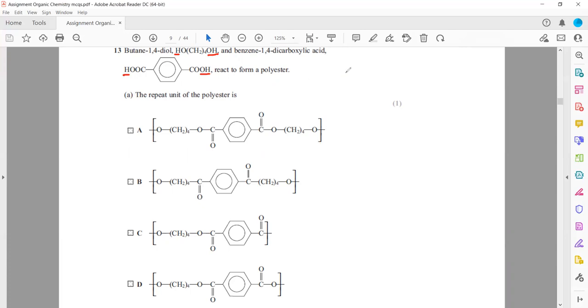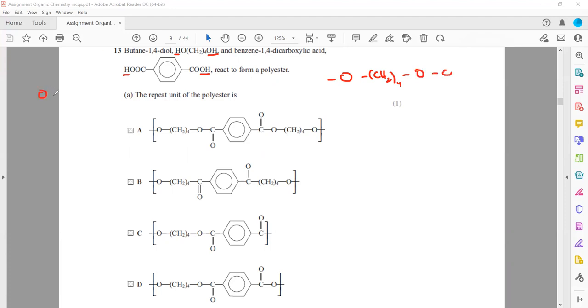So it will be O, then this is CH2 bracket 4, then OH and H being removed, so this will be O, because OCC is left.